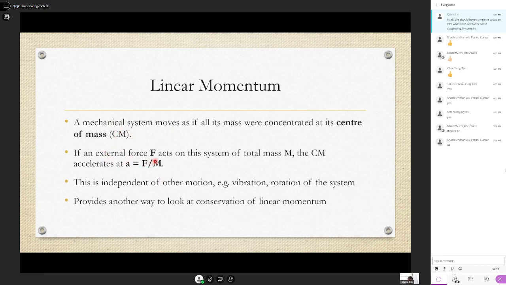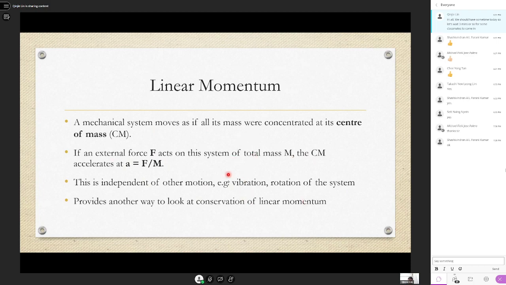If an external force F acts on this system of total mass M, the CM accelerates at a equals F over M, following F equals ma. This is independent of other motion, for example, vibration and rotation of the system. It provides another way to look at the conservation of linear momentum.